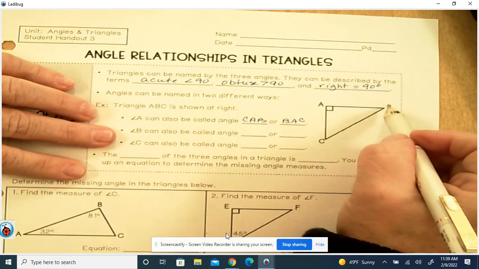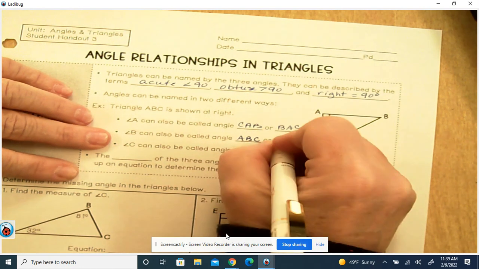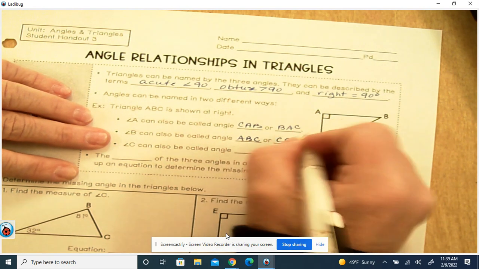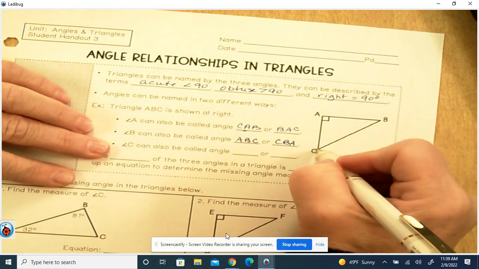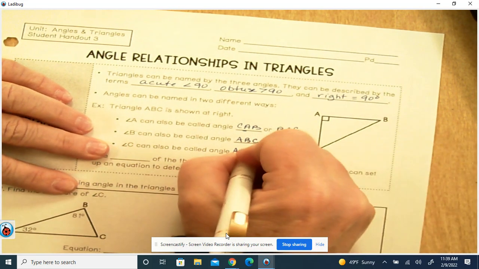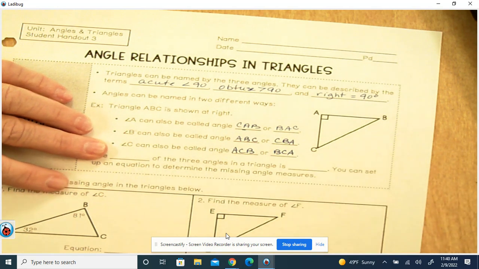Angle B can be called ABC or CBA, because B is the middle. And angle C, which is the middle, can be called ACB or BCA.